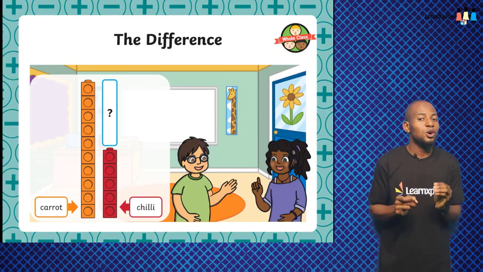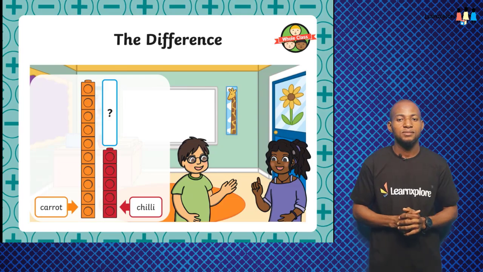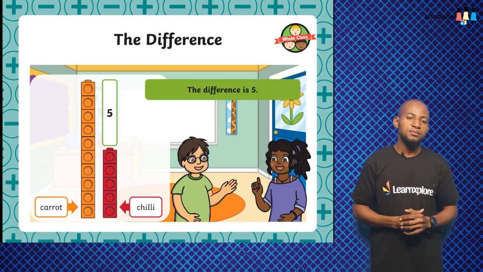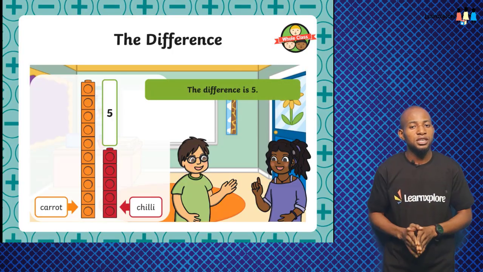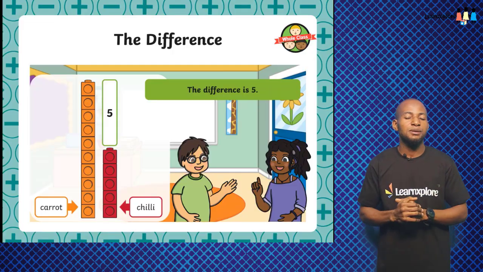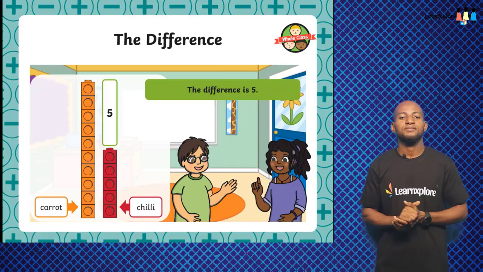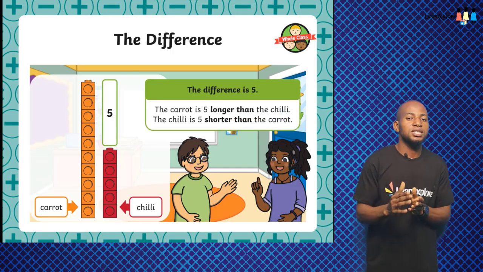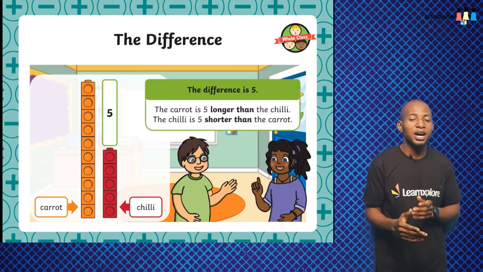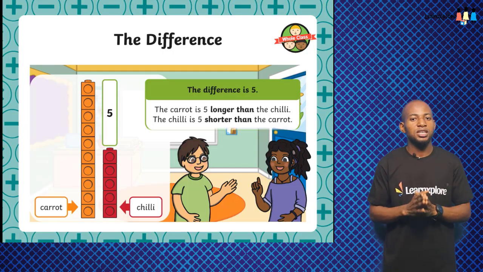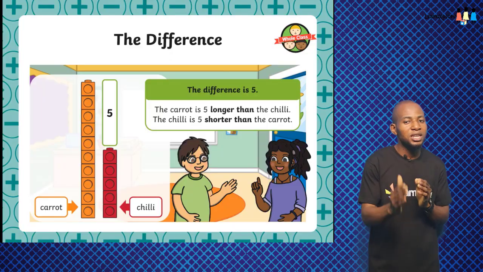Can you find the value of the gap? 5. What is the difference? The difference is 5. Repeat after me. The difference is 5. The carrot is 5 longer than chili. The chili is 5 shorter than the carrots.